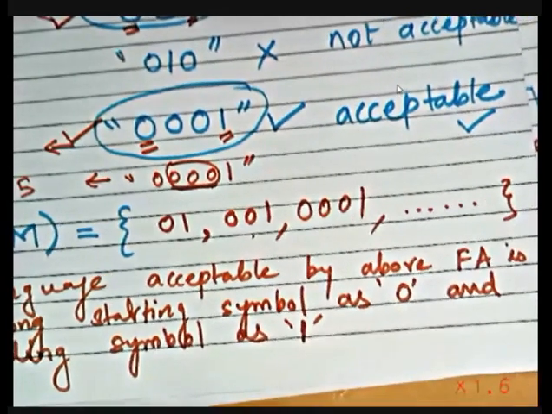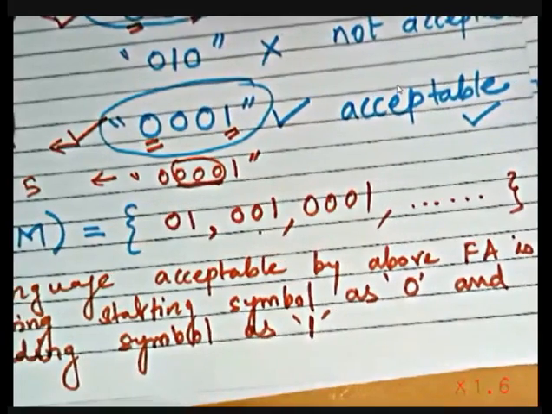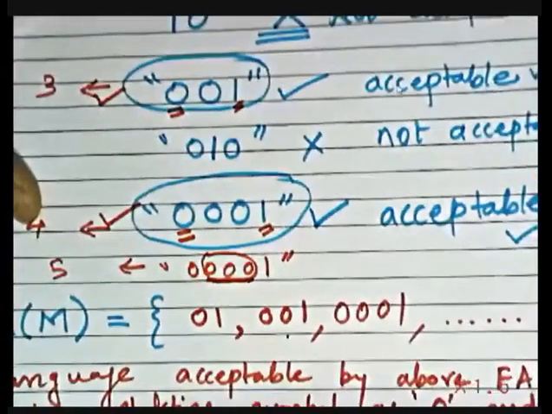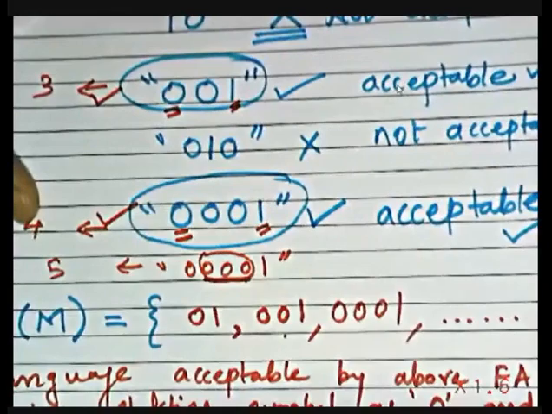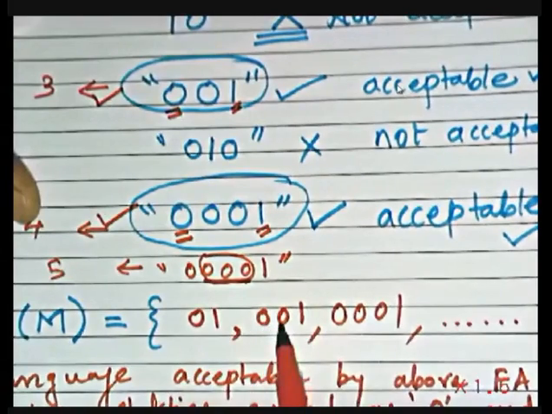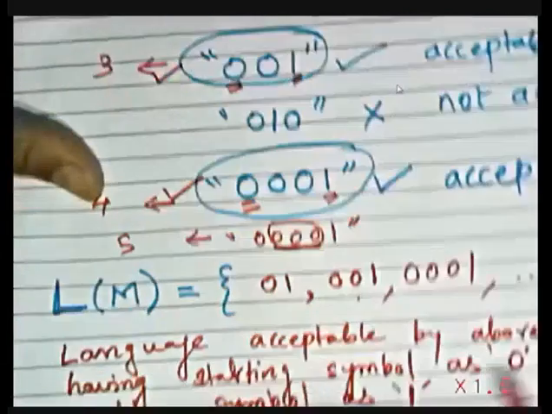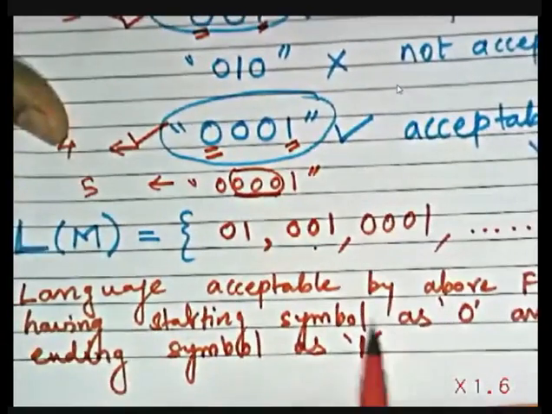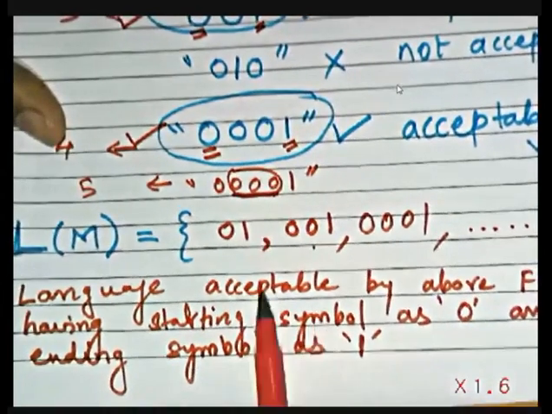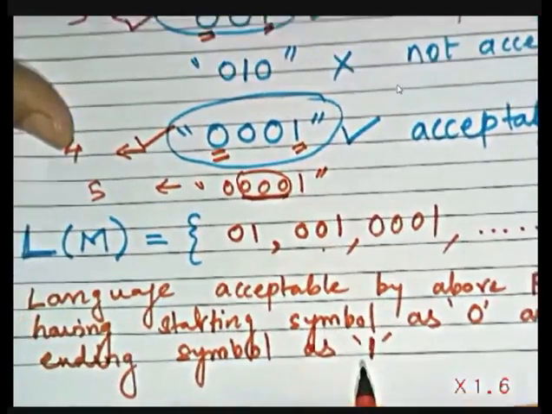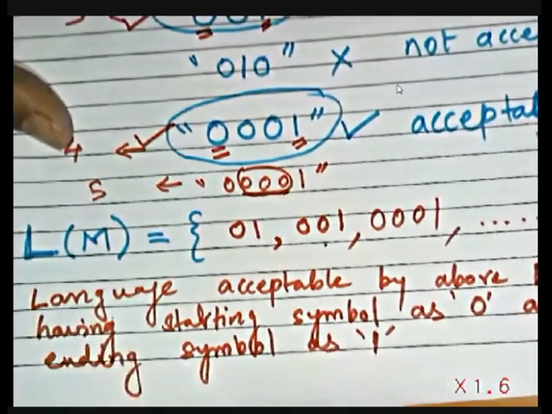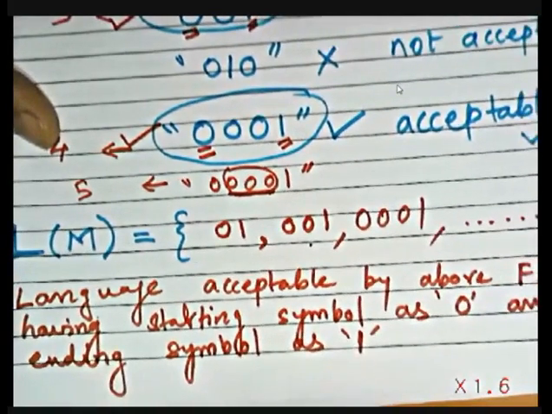Now are there any more restrictions? Can I have the correct definition of my language with only this? No, because if I only say starting with 0 and ending with 1, I can have 1 in between also, which is also a description of this language. So it is not a total correct description. I need to add one more piece of information.